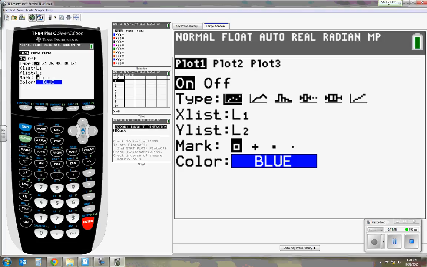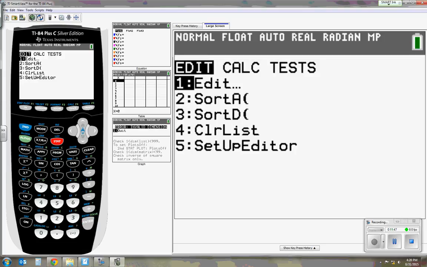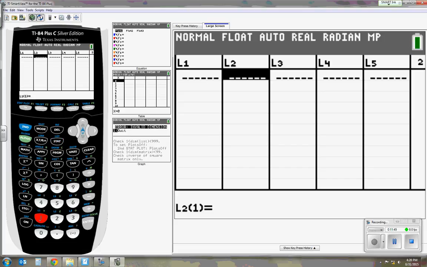Our next step is to push stat 1. Okay, this gives us our list. If your list is full, you're going to have to clear it out using delete. And we're going to put in all of our x's first. So that's going to be 1, and then we push enter. 2, 3, 3, 4, 4, and 5.